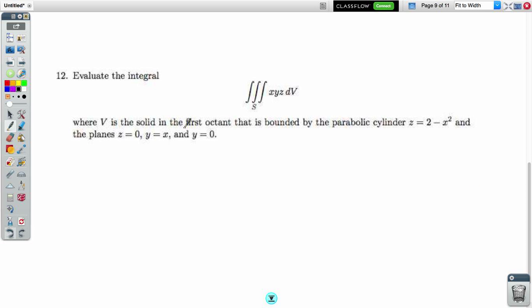So again, a solid in the first octant that's bounded by a parabolic cylinder. So think about what this would look like. Maybe something that you could do here is start by thinking about what your picture looks like in the xz plane.